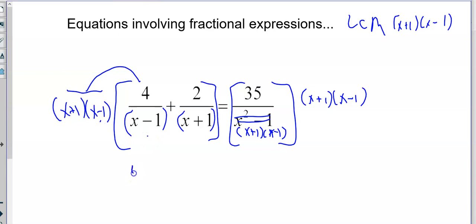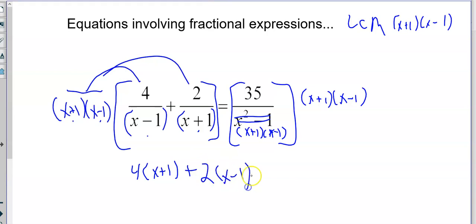So you're left with 4 times x plus 1 plus multiplied by the second term. And hopefully you see that the x plus 1 and the x plus 1 is going to cancel, so you really have 2 times x minus 1. And when you multiply this one, because it's only multiplied by one term, I'm going to go ahead and cancel out x plus 1, x minus 1, they both cancel, you're just left with 35.